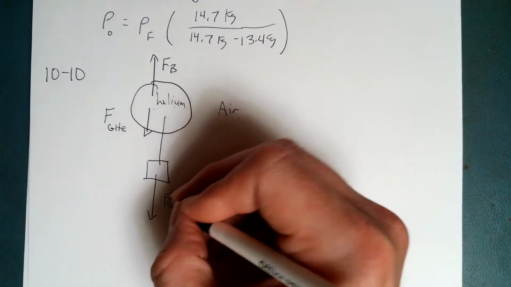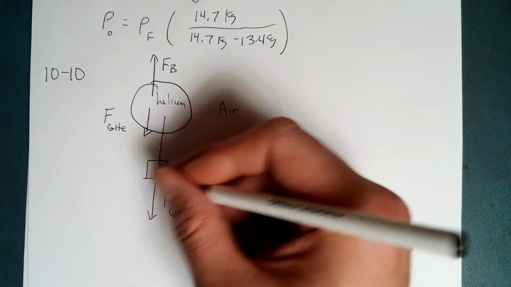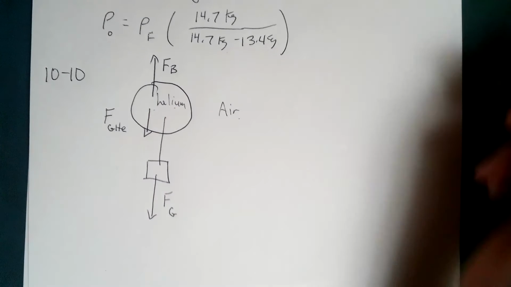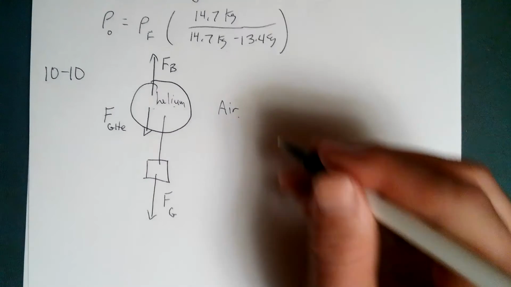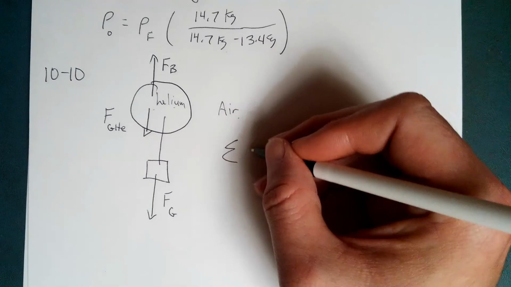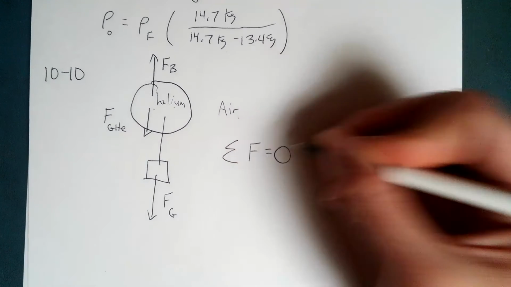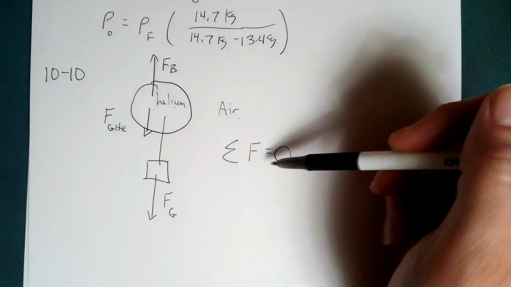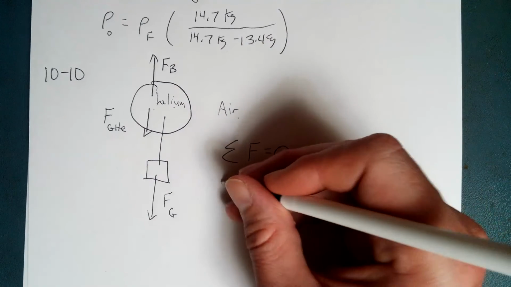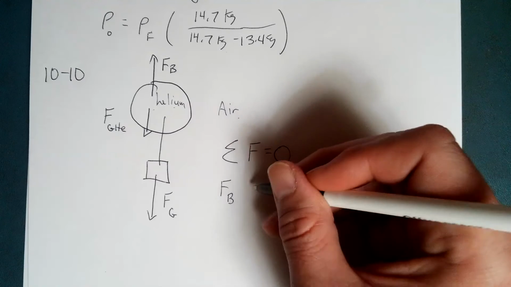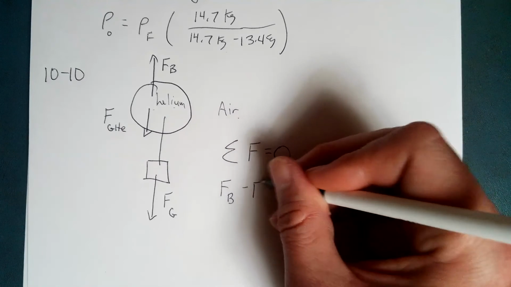And then we have the Fg, which is the weight of the load. And again, if the sum of the forces equals 0, it will just barely lift it. B is up and the two gravities are down.